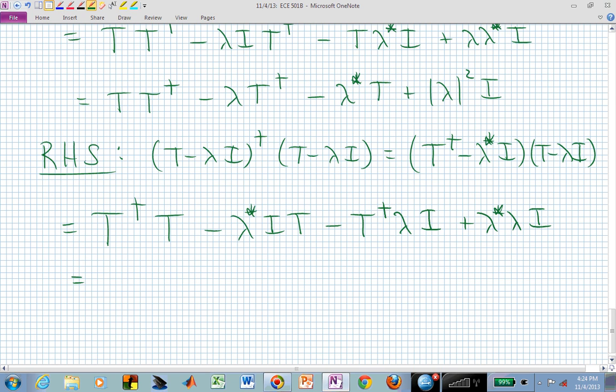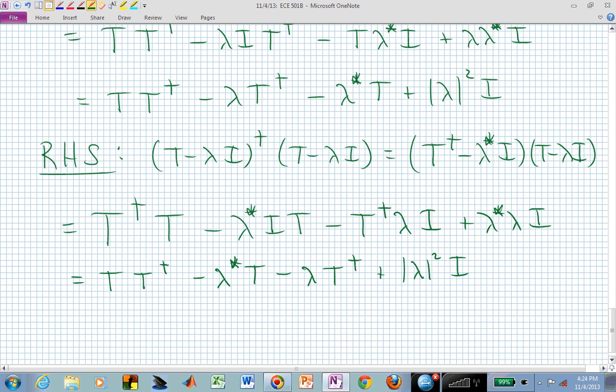But if T is normal, which is the very first assumption, then we can commute those products in the first term. I now have T times T dagger, minus lambda star T, minus lambda T dagger, plus the absolute value of lambda squared times I. And now I just need to shift those middle terms one for the other, and the right-hand side and the left-hand side are equal.